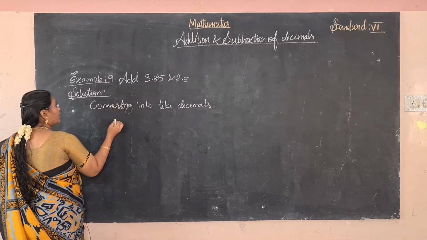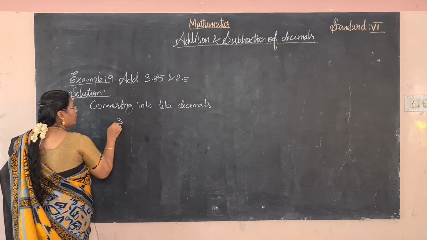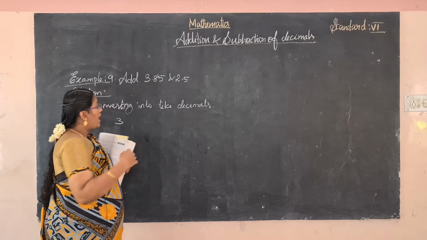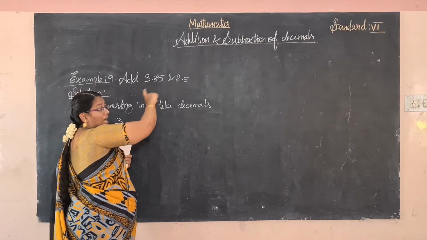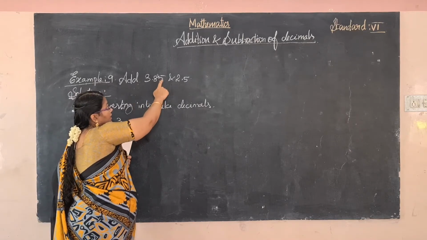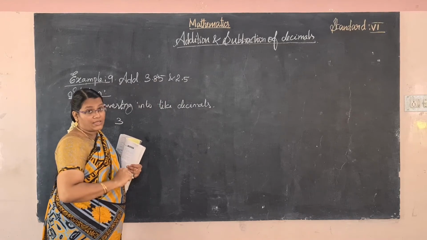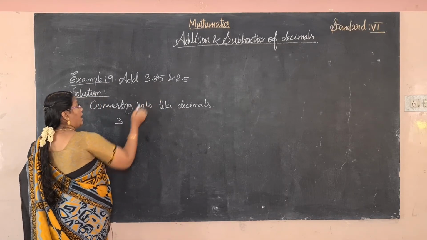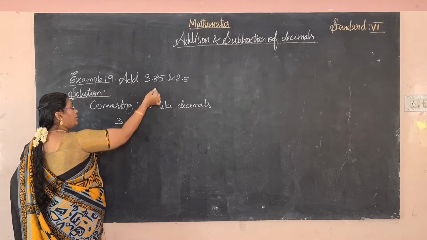So how can you change to like decimals? Add zeros on the right side of the decimal places. Here the hundredths place is there, so no need to add.